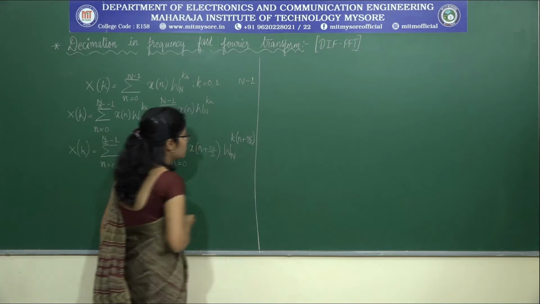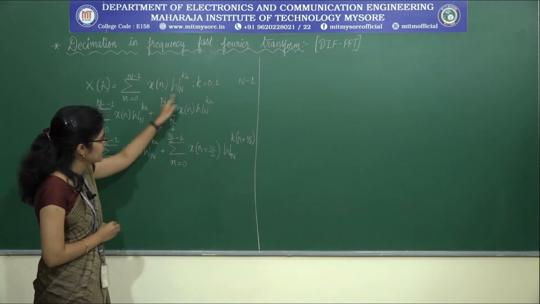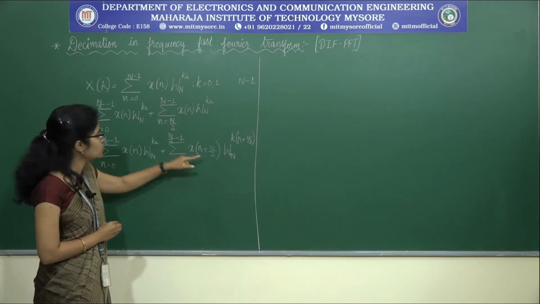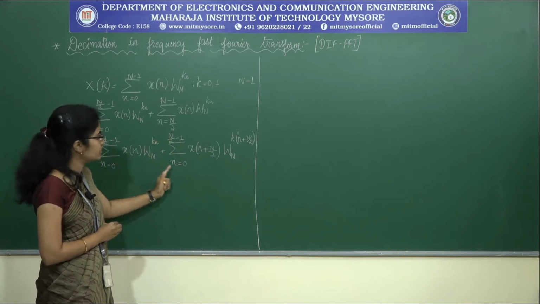So what I did, I took the substitution for n in the second summation. If I do so, the limits also change. So I have written it directly.